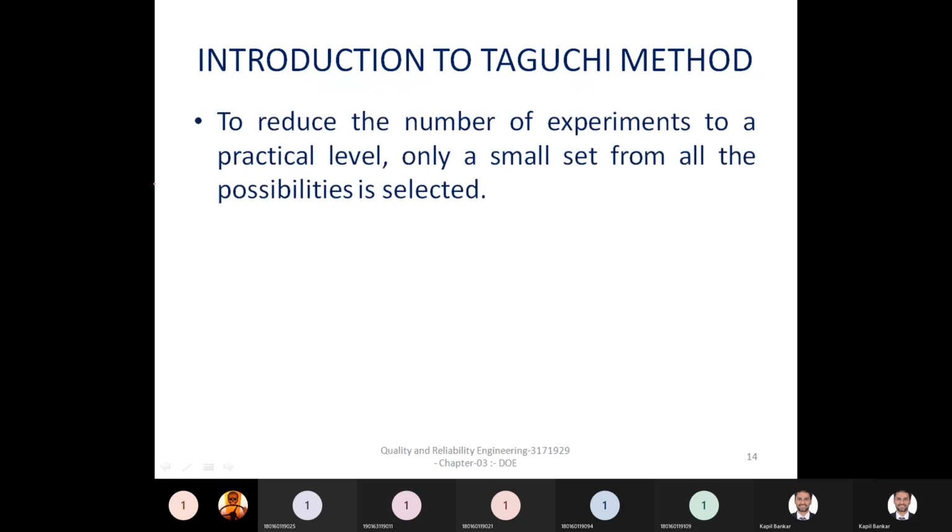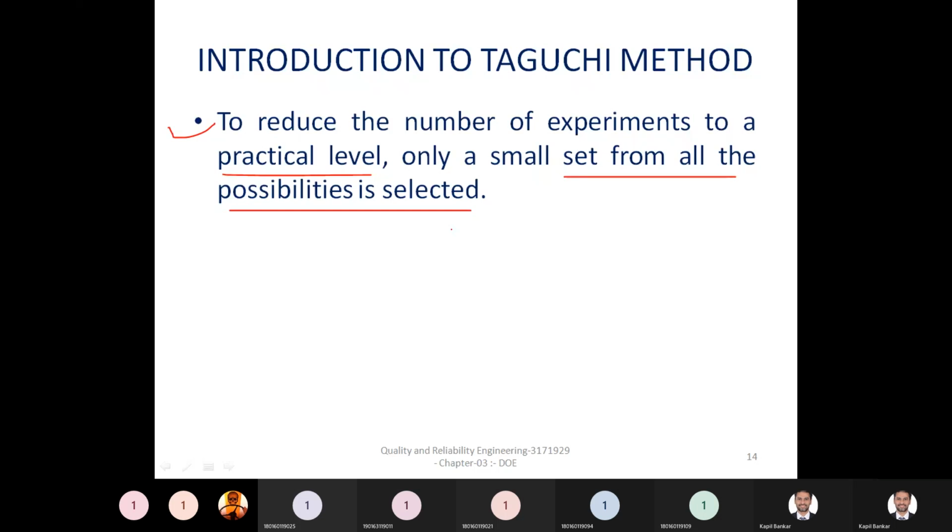So what will you do to reduce the number of experiments to a practical level? Up to what level can you reduce the experiments? Up to some practical level. Only a small set from all these possibilities is selected. Okay, you can select some possible factors to conduct an experiment so that you can reduce some experiments.